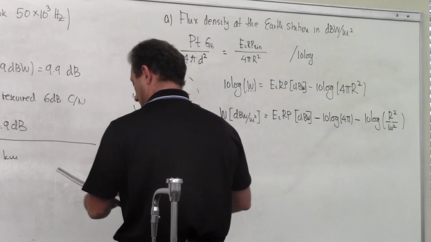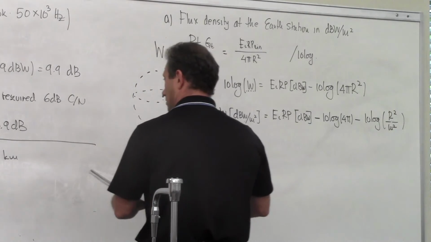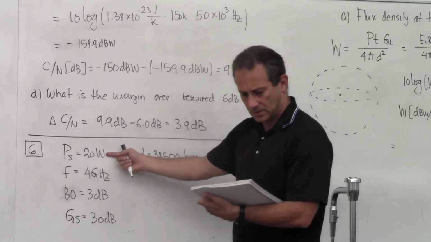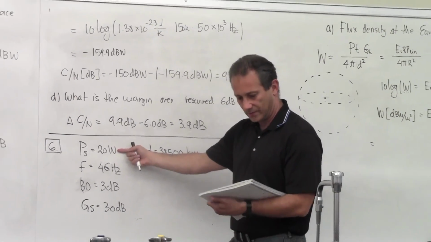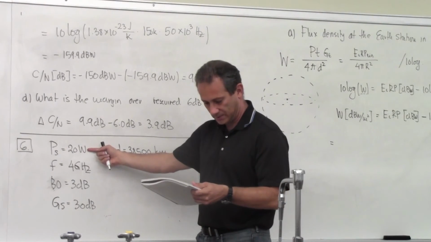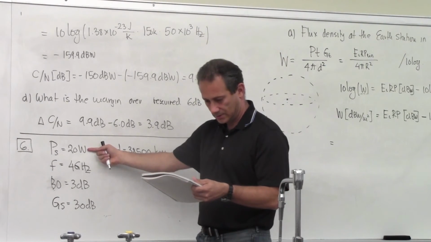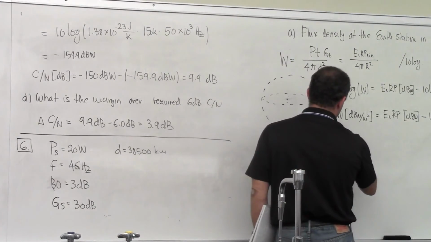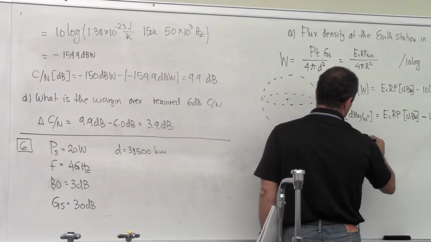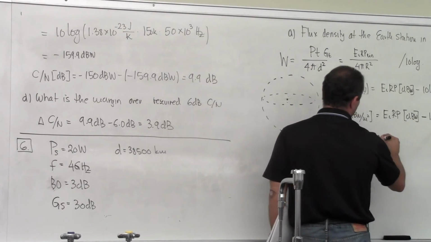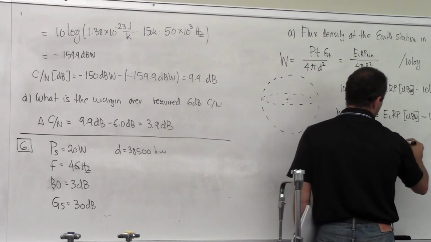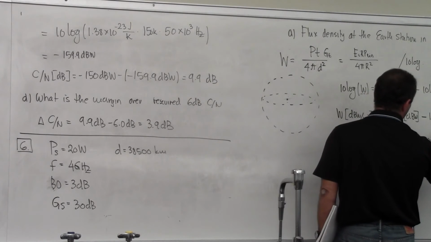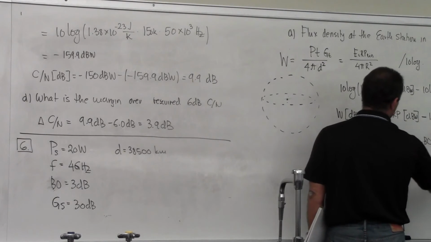So what is your EIRP? Your EIRP is going to be 20 watts, which is, why do I have 40 dB watt? Could I have made a mistake here? Oh, no. Okay, so EIRP in our case is the transmit power in dB watt plus the gain of the satellite antenna in dB minus your backoff in dB, because you're not really transmitting at full power.